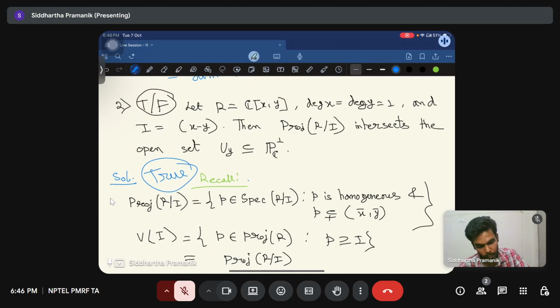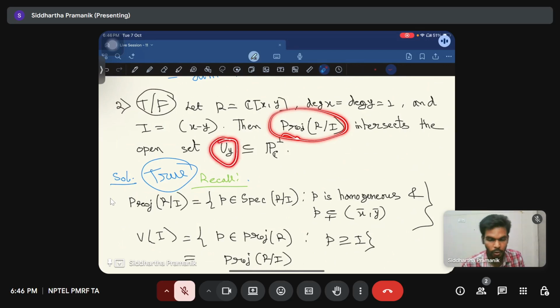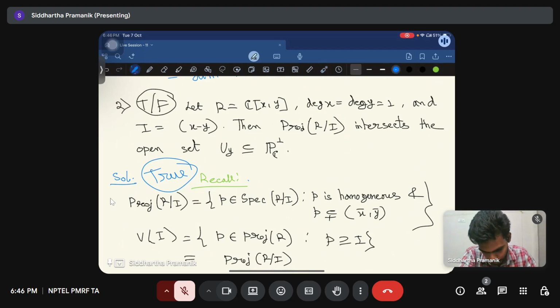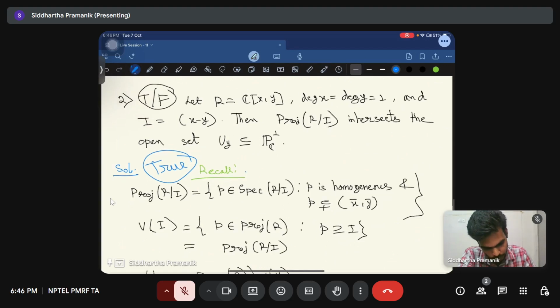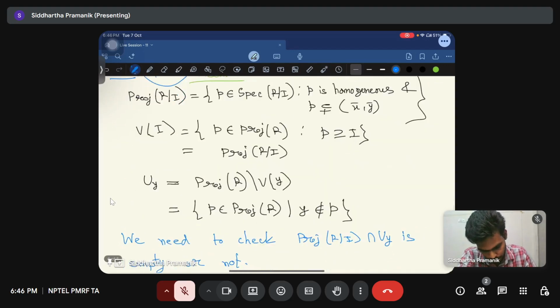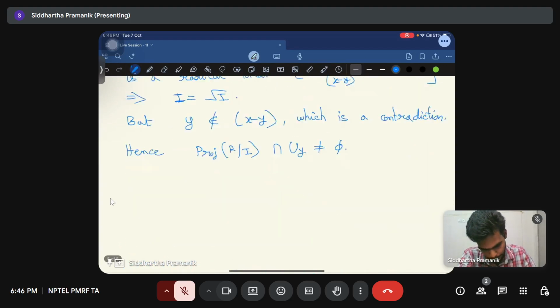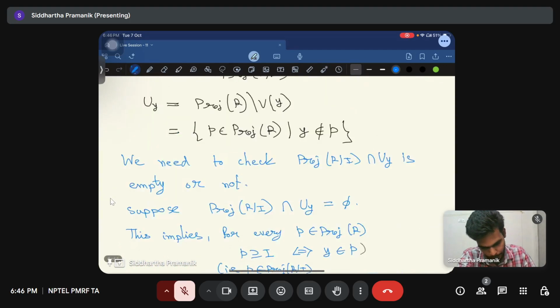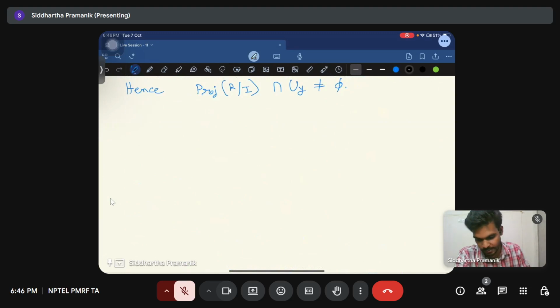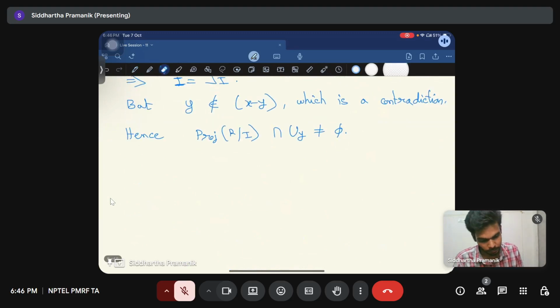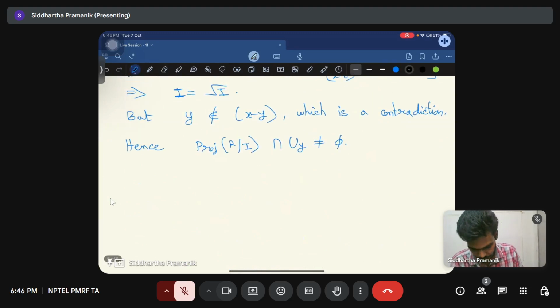So proj of R mod I must intersect this open set U of Y. Okay, so let's move on to the next problem, which is problem number 3.